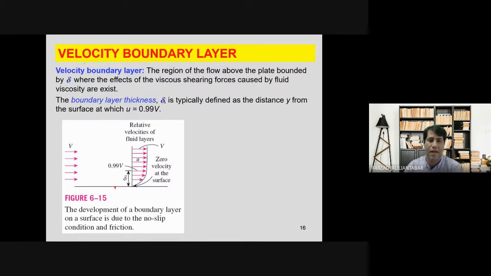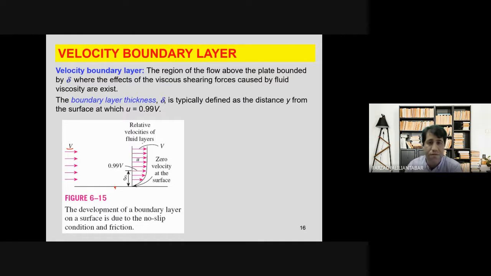About the velocity boundary layer, imagine we have a fluid flow with a uniform velocity like V. When it approaches the surface, due to the friction between the surface and fluid flow, we will have a contour for the velocity of the fluid, and this uniform velocity will change like this. Near the surface it will become zero.